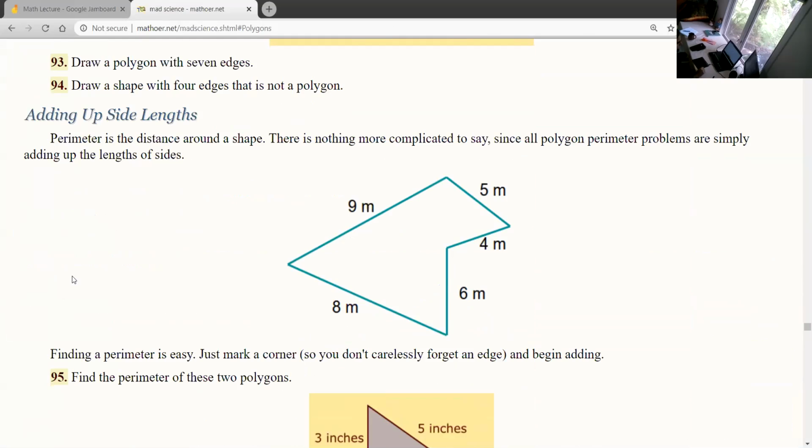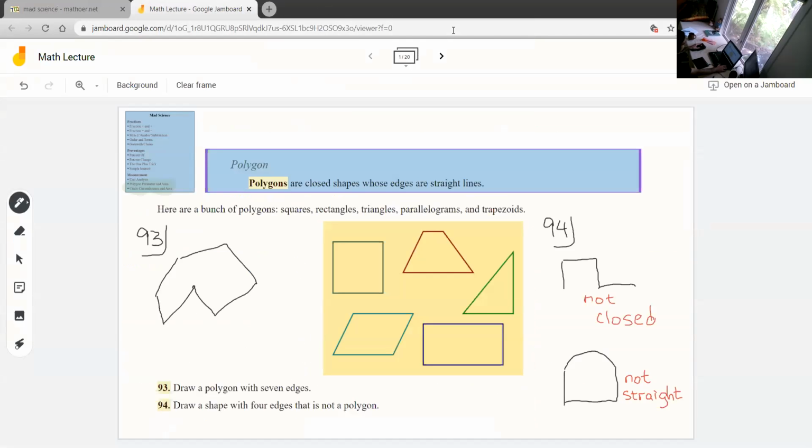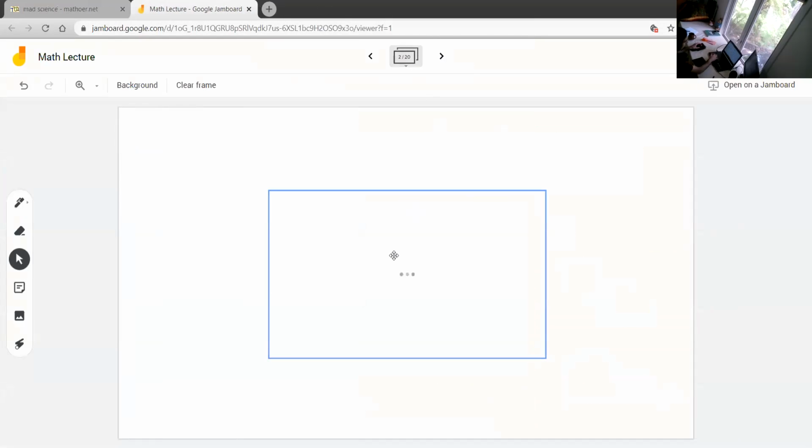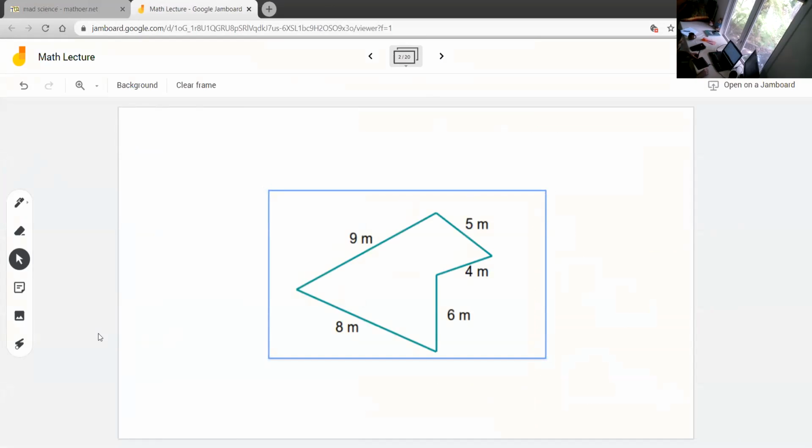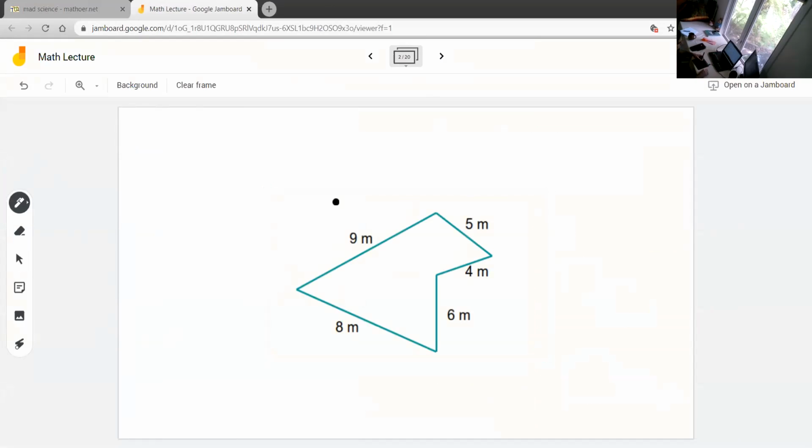Okay, perimeter, going around the shape, is not much to talk about because you can all add up numbers. My warning for perimeter is to mark a corner. It doesn't matter which one, but when you're starting with perimeter, mark a corner.